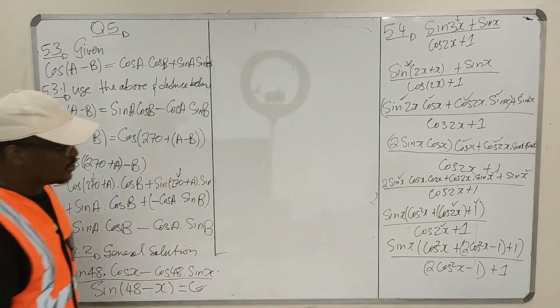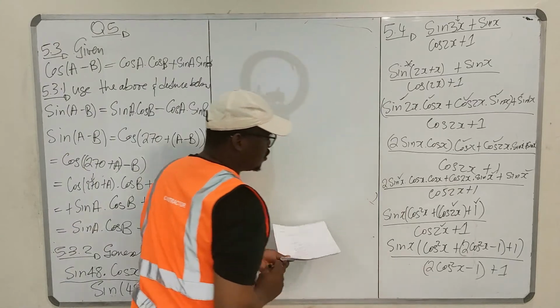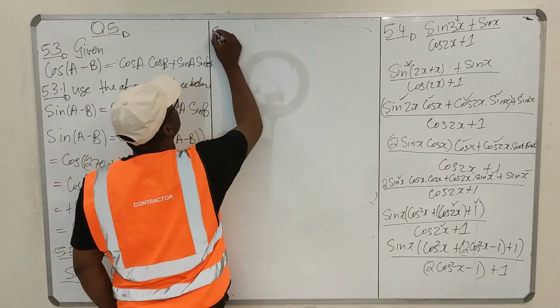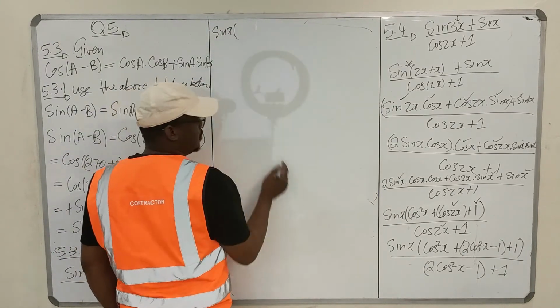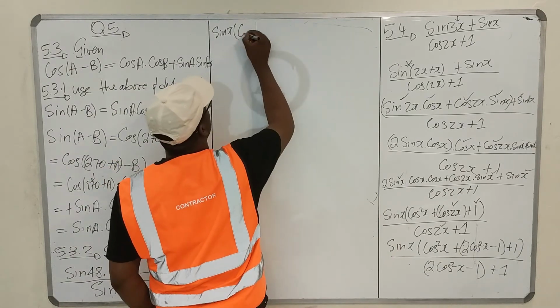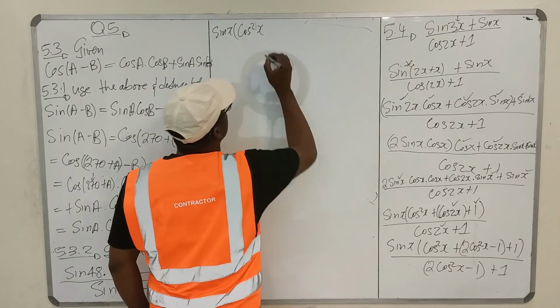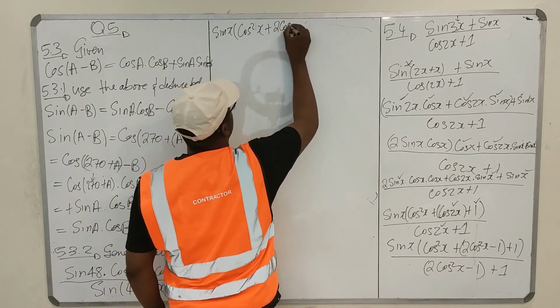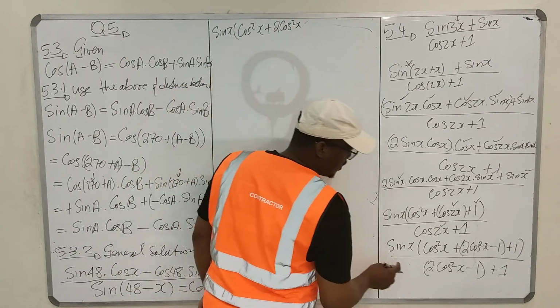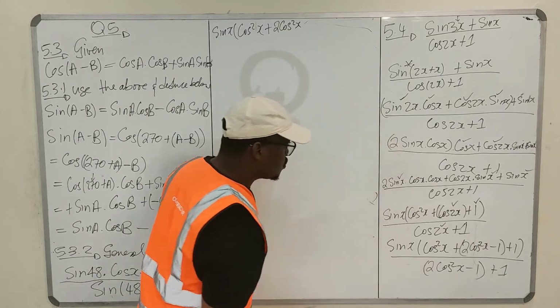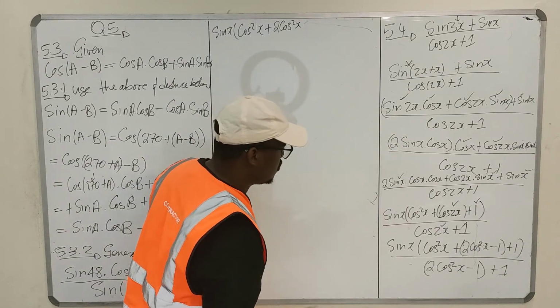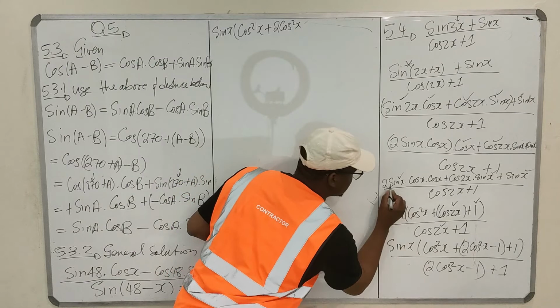We're trying to finish this. So what do we have on top? We have sine x into what? Cos squared x, which is this, plus 2 cos squared x, right? Actually, we lost something. We lost a 2 that was sitting here.